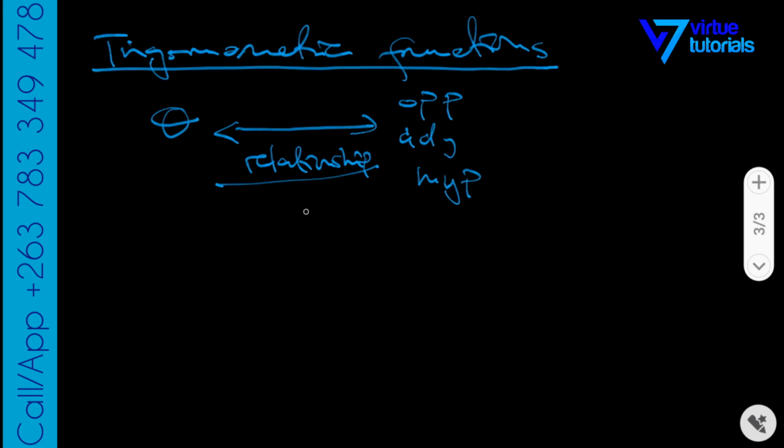Now, what kind of relationship are we talking about? In mathematics, a relationship is commonly an equation. So really what's going to be formed is an equation that involves theta and any two of these sides. It could be theta, opposite and adjacent; theta, adjacent and hypotenuse; or theta, opposite and hypotenuse.